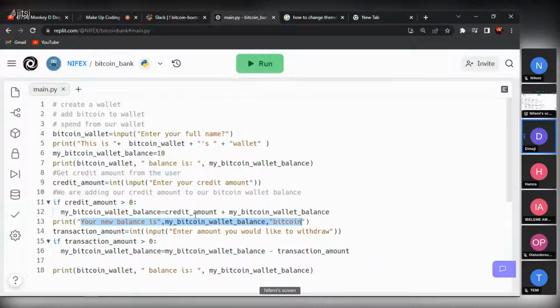What's the credit amount? 200. Let's assume you have 200, and the initial balance before was 10. So what will be your current balance? 210, right?